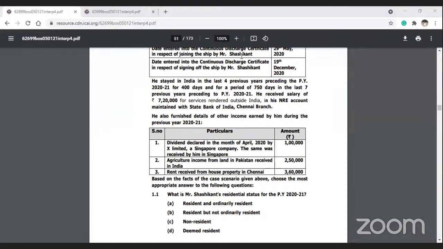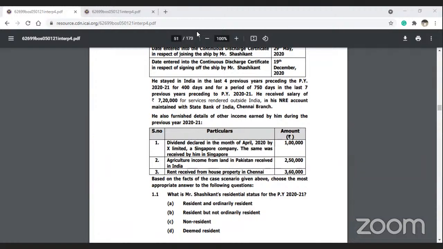Okay, wait, I'll check once. I guess it is after TDS or something. Have they written it net of TDS? Which is the topic you're talking about? Because dividend rate is 10%, no? It is written like that.